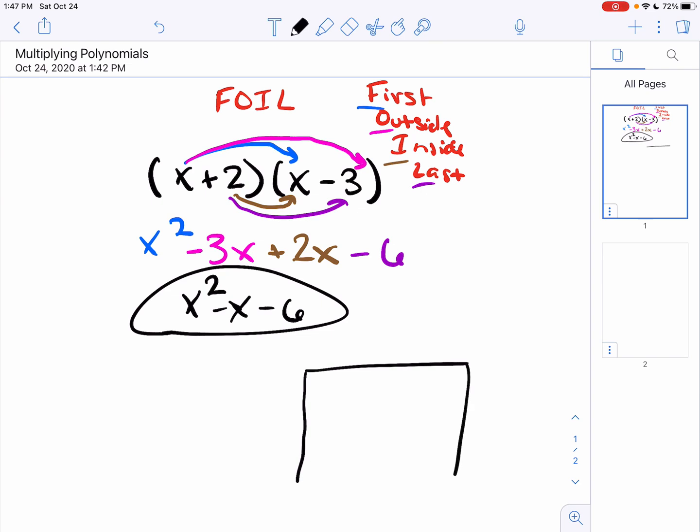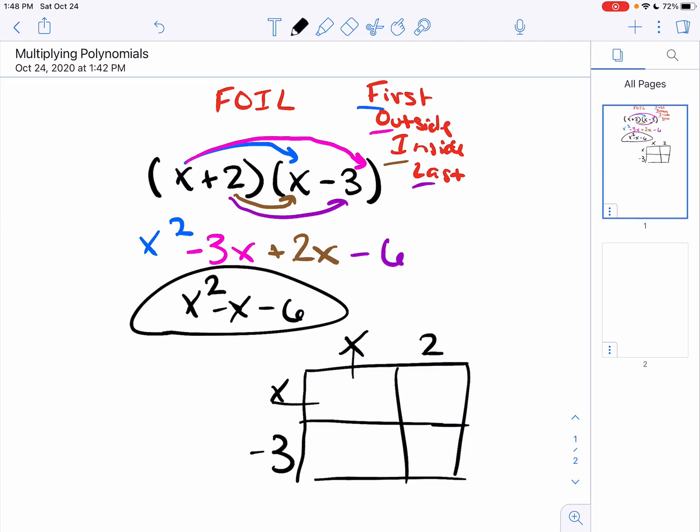Another way you've been able to do this before is the tabular method, which is where you make a box, and we have our two binomials here, x plus 2, x minus 3, and we multiply. So I have my x, I line it up, x times x, x squared, x times 2, 2x, negative 3 times x, negative 3x, negative 3 times 2, negative 6.